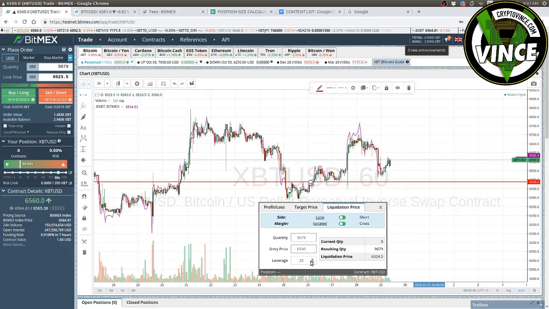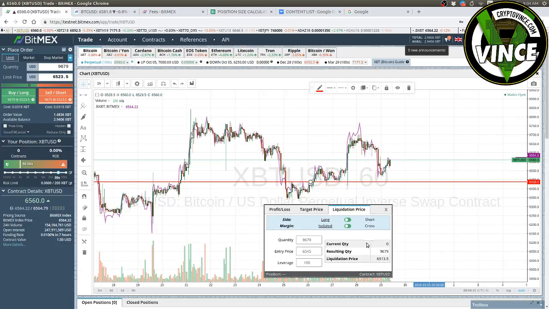If you're 50 times, then the price can move 2%. That would be your bankruptcy price. BitMEX has some calculation for the liquidation price, which brings it above that, and they take the extra and put it in their insurance fund. If you did the calculation for 100 times and looked at where your liquidation price is, it's within that 1% range, and you might get $20 or $30 before you lose everything.